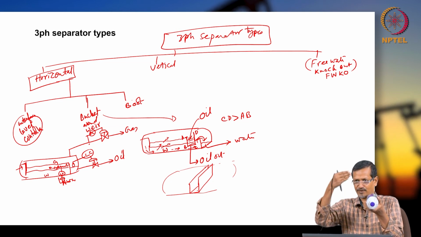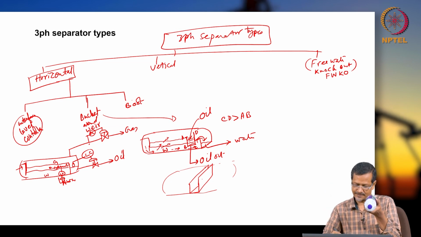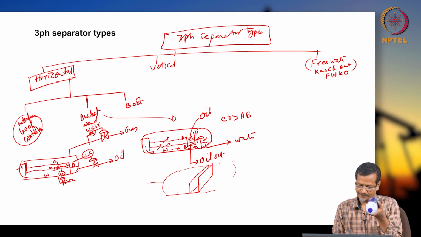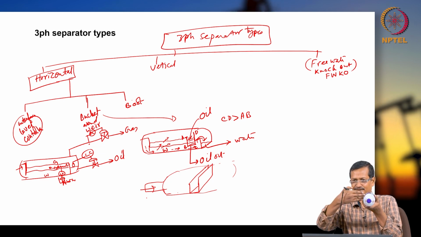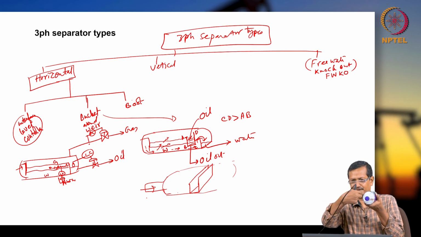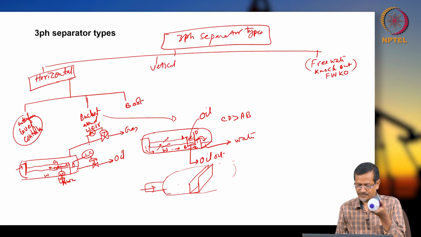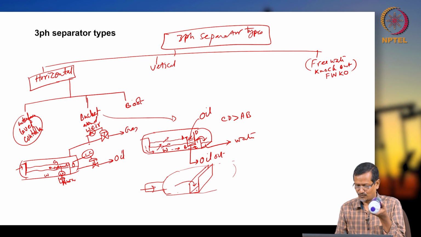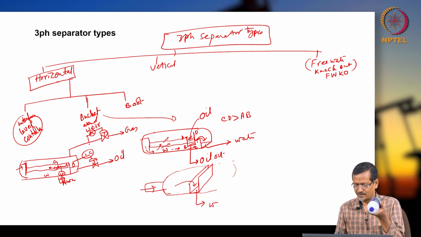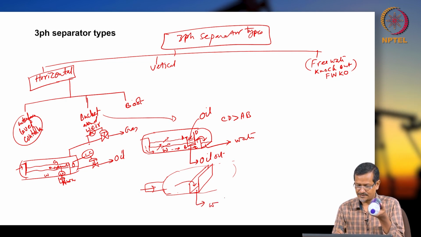One small leg, one larger leg. Perpendicularly like this, and your fluid is entering here. When it is entering, some fluid will be going through this, and one hole will be here. You are taking oil out.